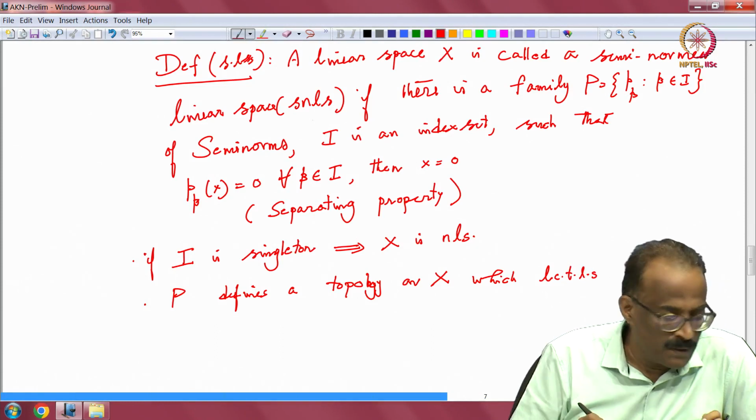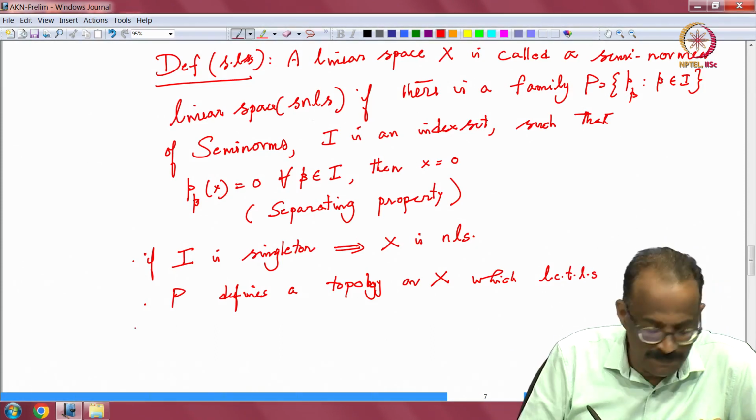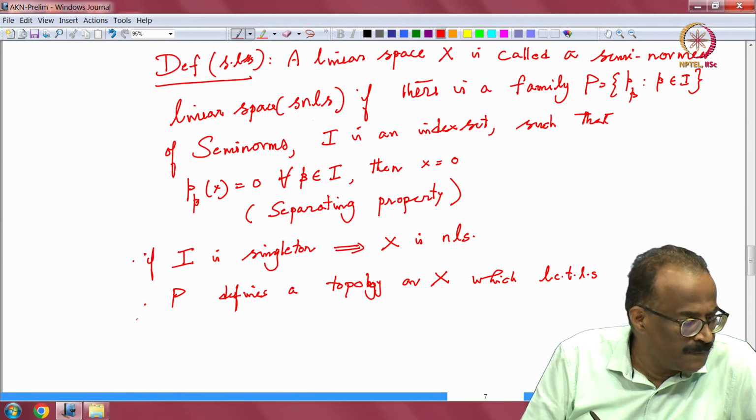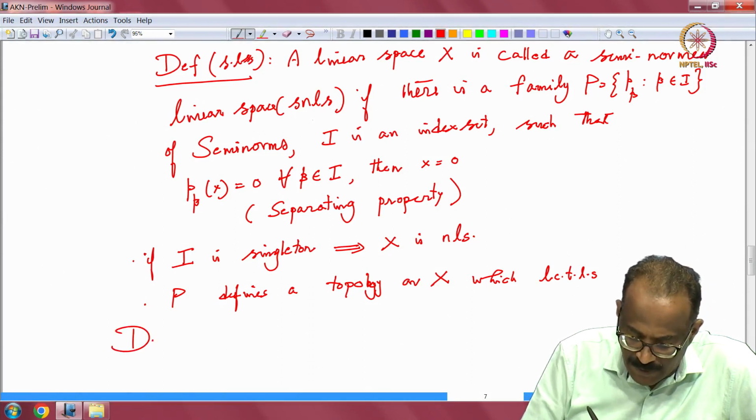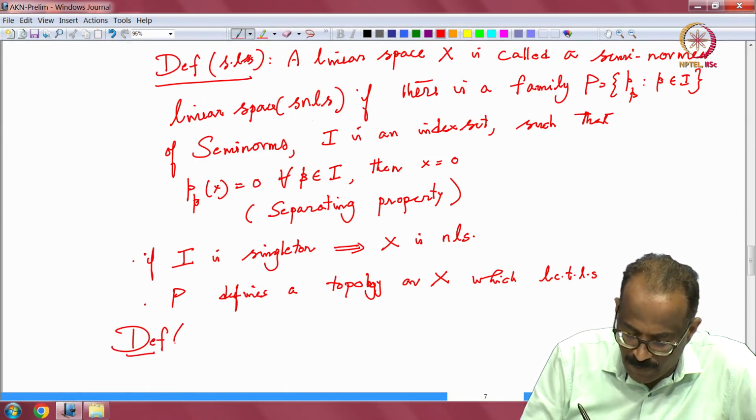Let me give this definition. Let me start with what this locally convex topological space is.